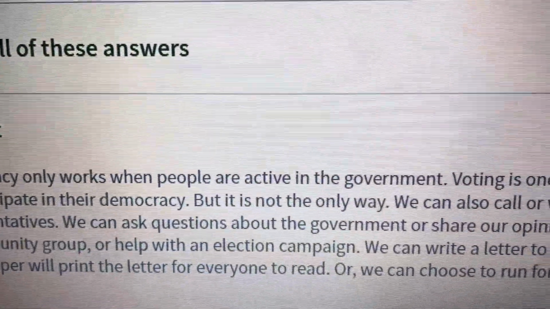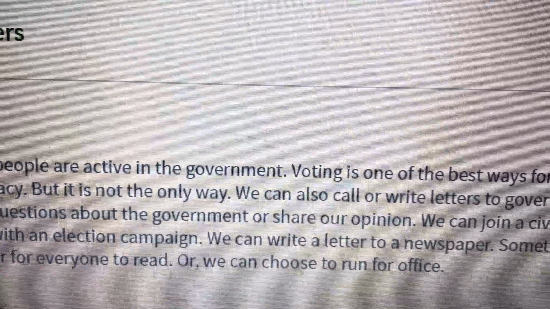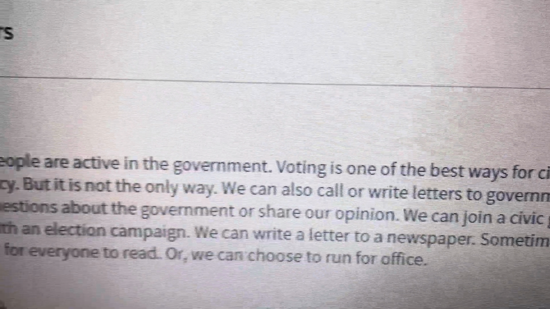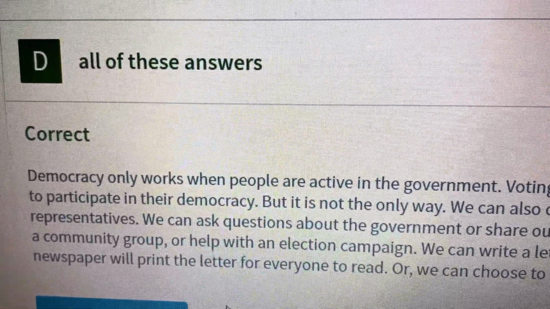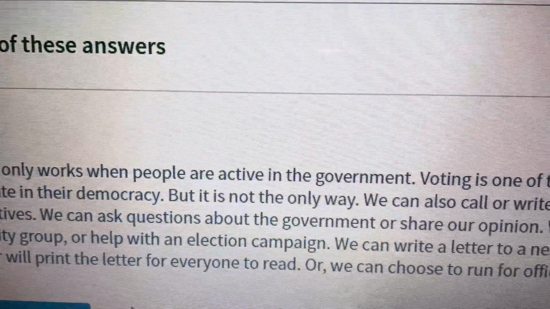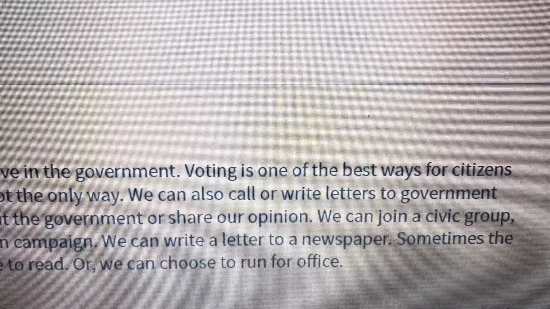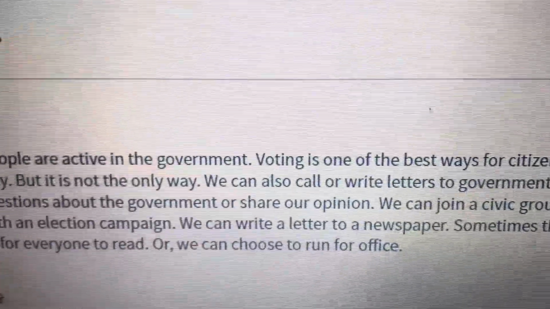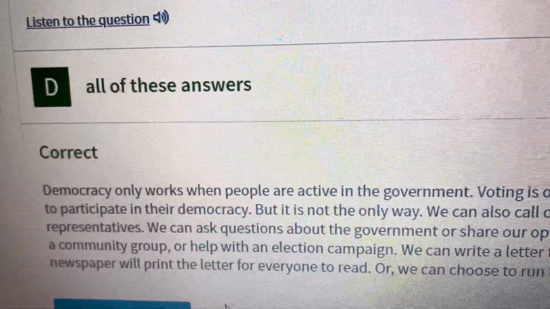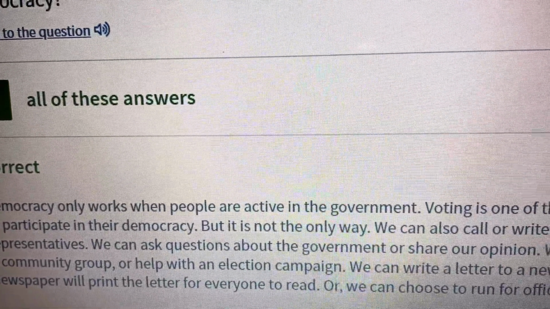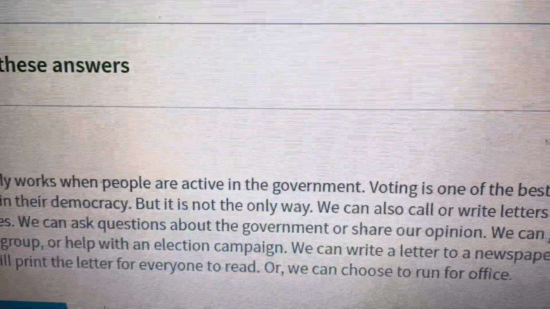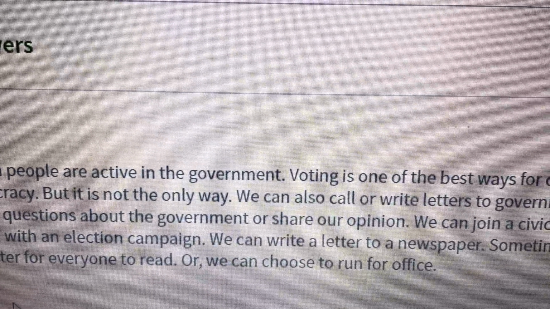We can ask questions about the government to share our opinion. We can join a civic group, a community group, or help with the election campaign. We can write a letter to a newspaper. Sometimes the newspaper will print the letter for everyone to read, or we can choose to run for office.